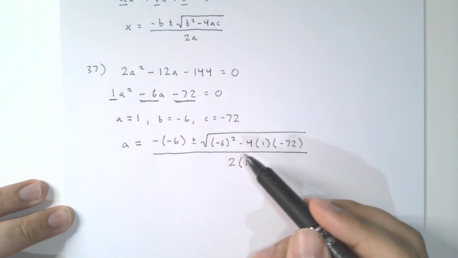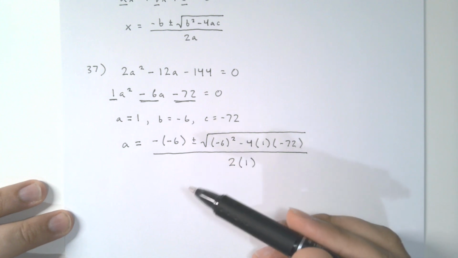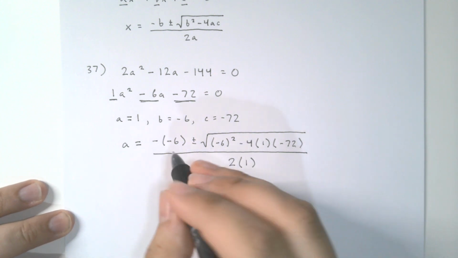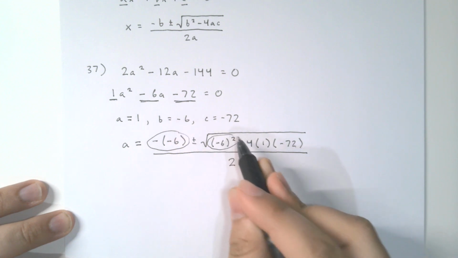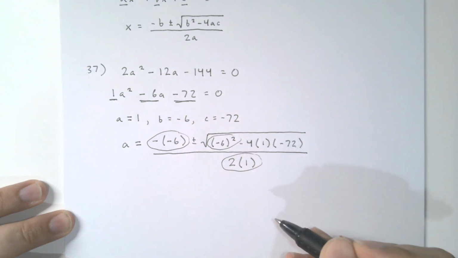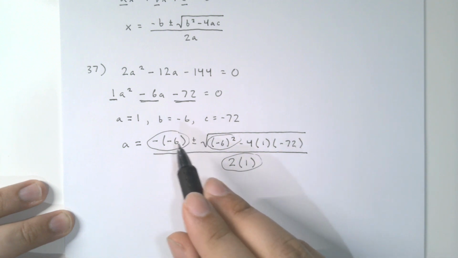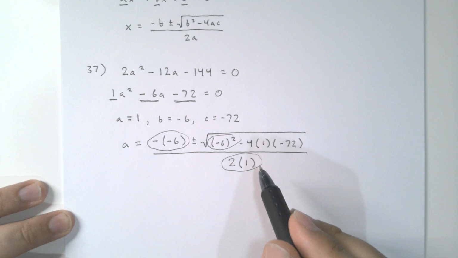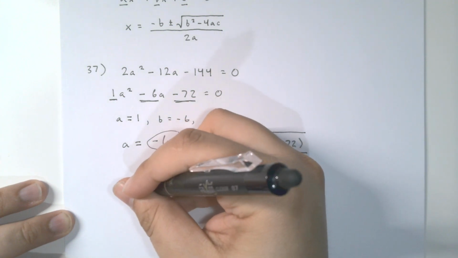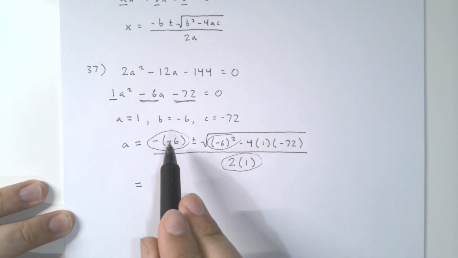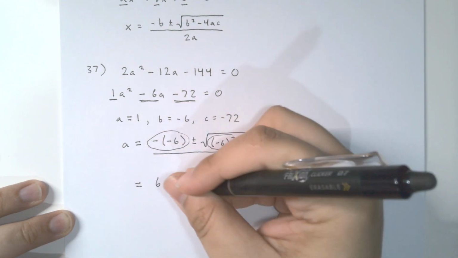So this is a lot of stuff to plug in. However, usually, at least when I'm doing these, I like to simplify this part and this part as I'm plugging it in, so that I have less signs and parentheses to worry about, and it usually makes our expression nicer. So if we simplify negative 6, that's just positive 6.